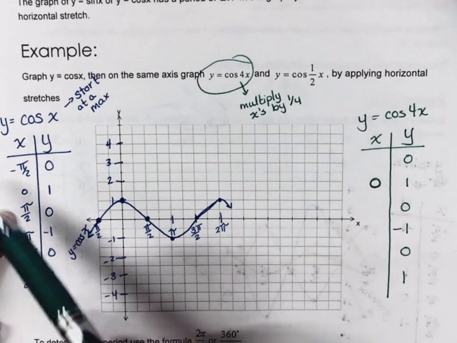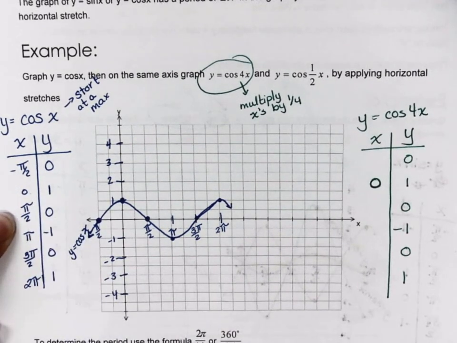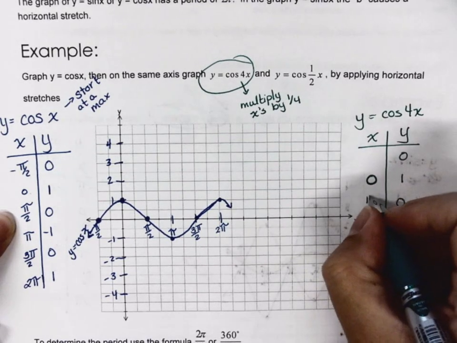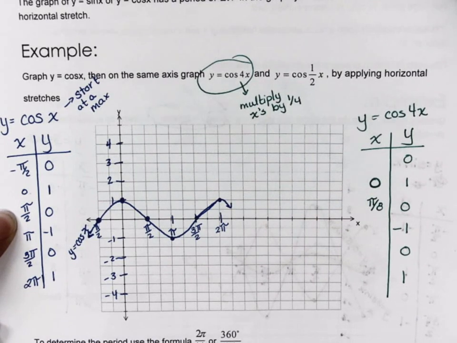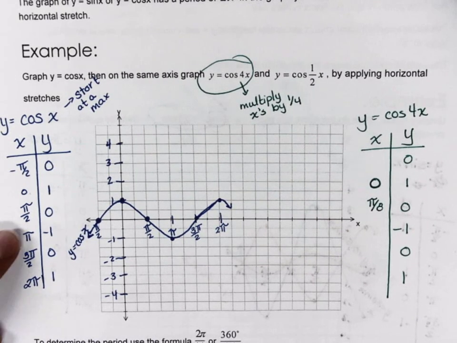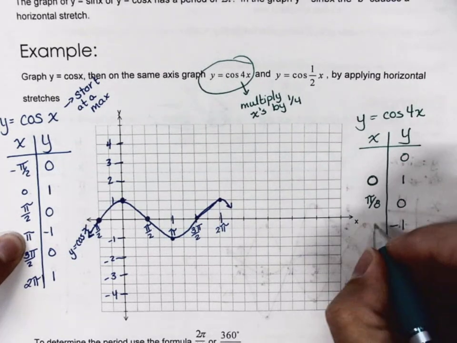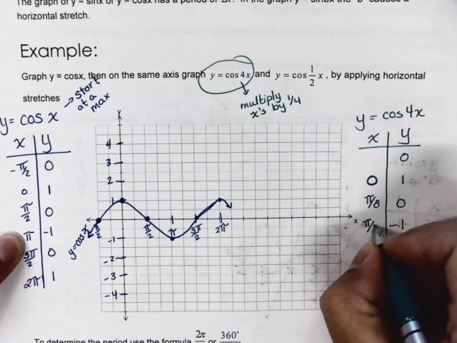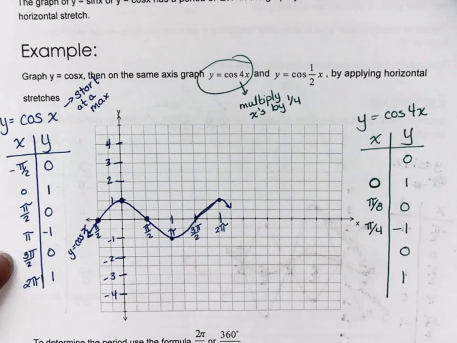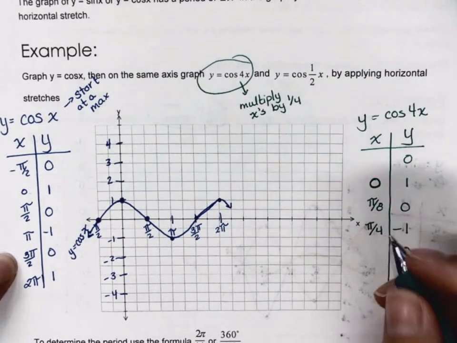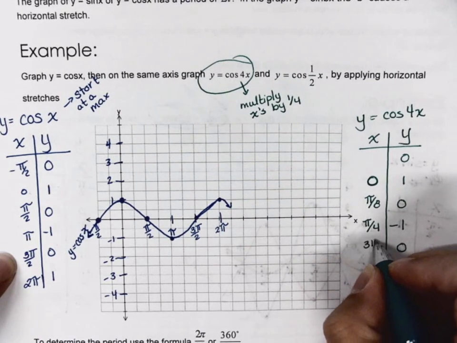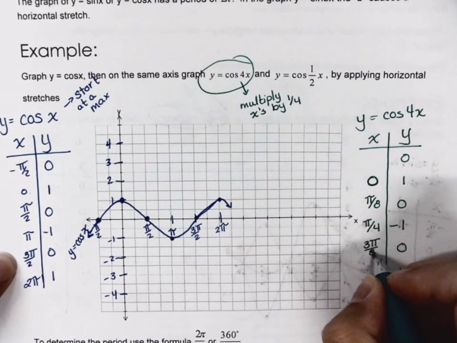Pi over 2 times a quarter is pi over 8. And pi times a quarter is pi over 4. 3 pi over 2 times a quarter is 3 pi over 8.